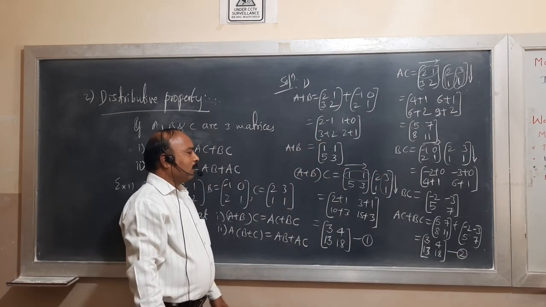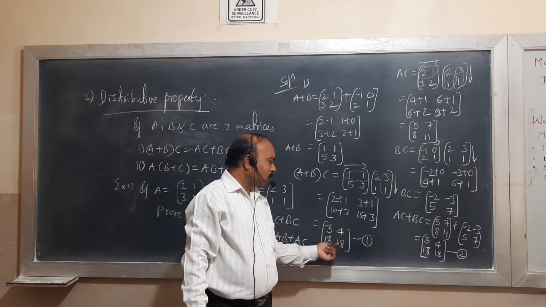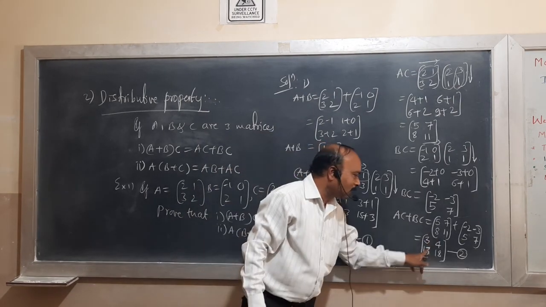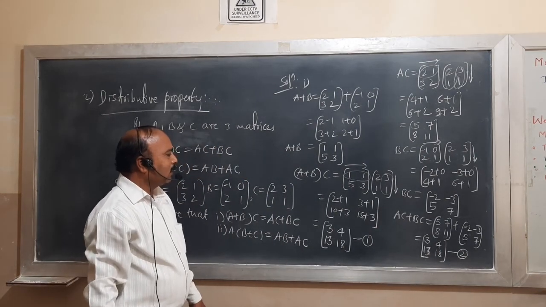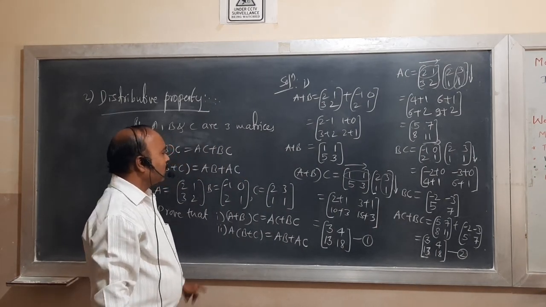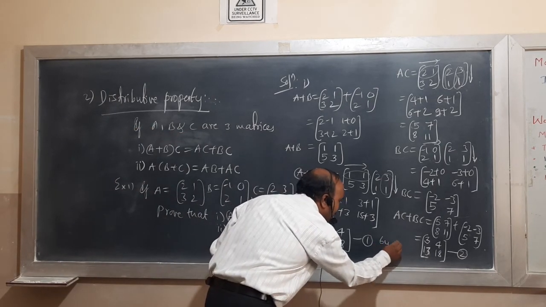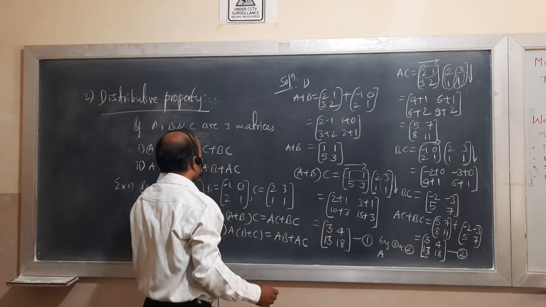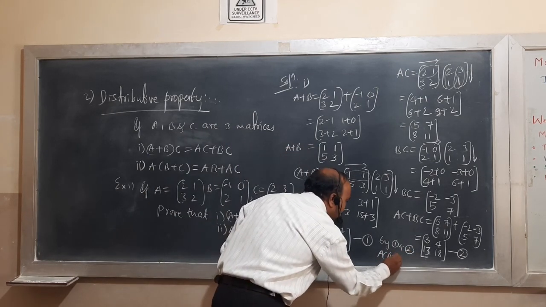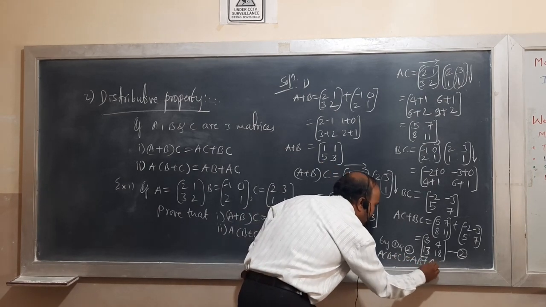Now you observe from 1 and 2, the right hand side values are equal, 3 4 13 18. Here also 3 4 13 18, they are equal. Therefore automatically the first result is satisfied. Therefore we conclude that by 1 and 2 we proved that A into B plus C equal to AB plus AC.